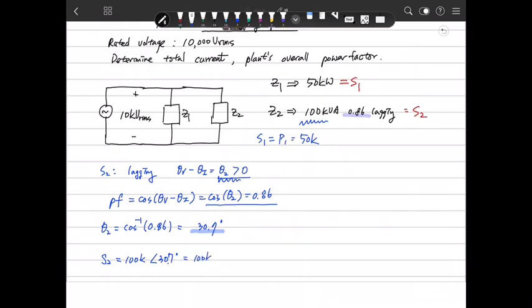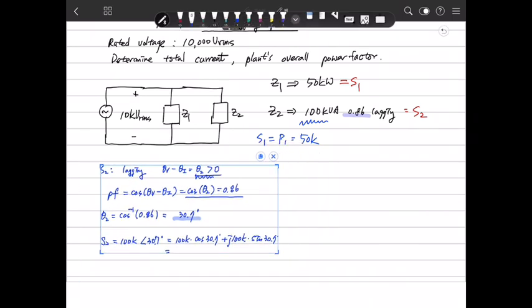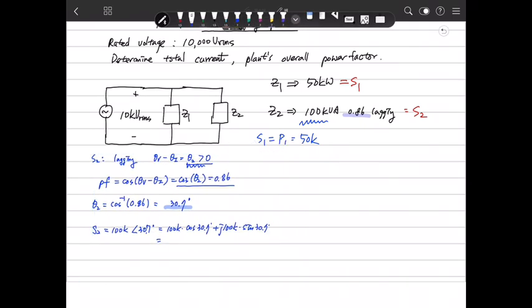So that is 100 kilo cosine 30.7 degrees plus j 100 kilo sine 30.7 degrees. So that will be 86 kilo plus j 51 kilo. So this is P2 plus jQ2.